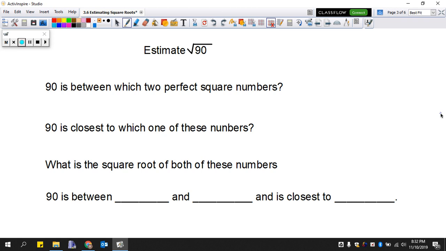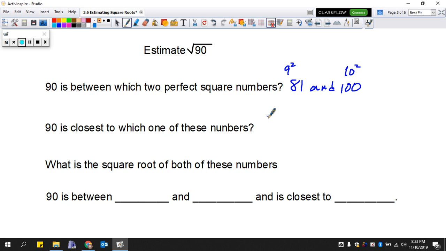All right, estimate the square root of 90. Which two perfect squares is it between? Looking through, we have 81, which is 9 squared, and the next one up would be 10 squared, which is 100. So 90 is between 81 and 100.